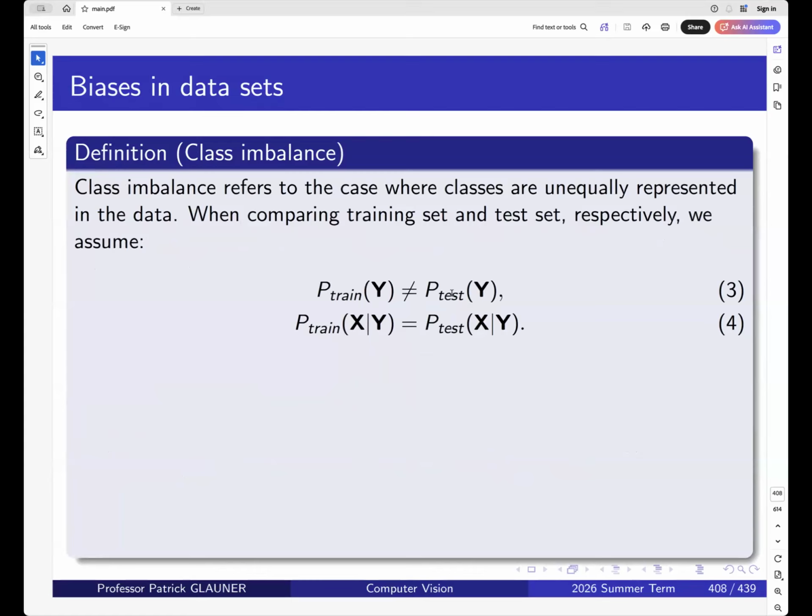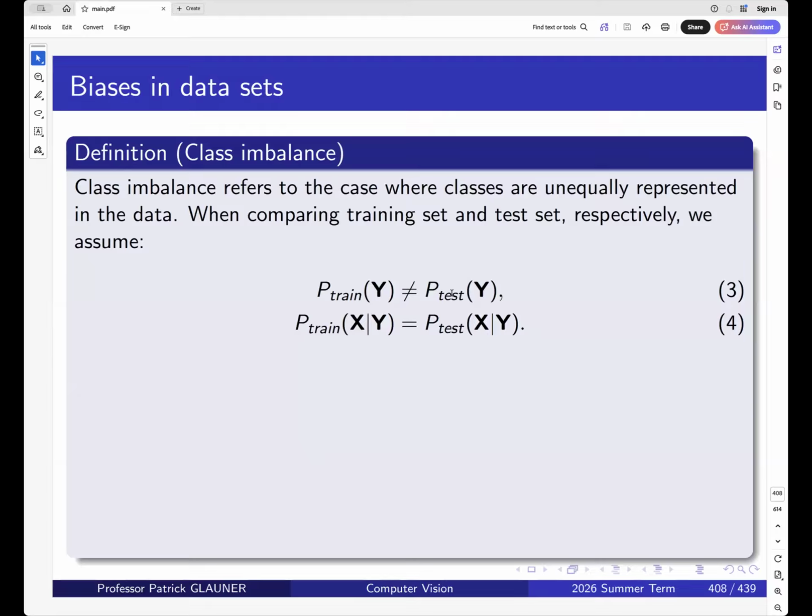So class imbalance means, say, we have a binary problem, and I have a training set, and my labels are unequally represented. Say I have 10,000 training examples and maybe 9,000 training examples from the one class and 1,000 from the other. If I have this, I have a biased data set.